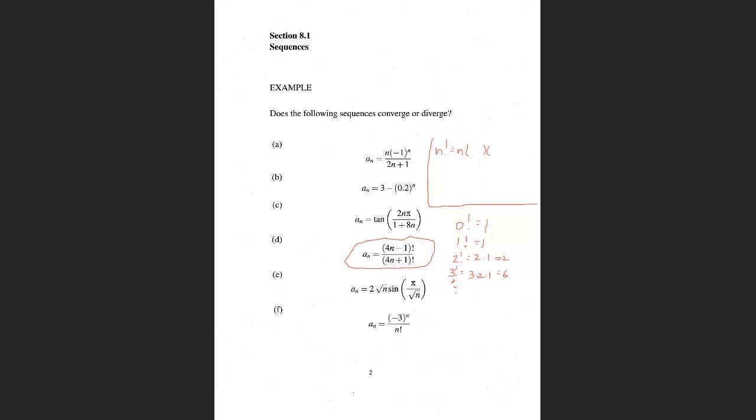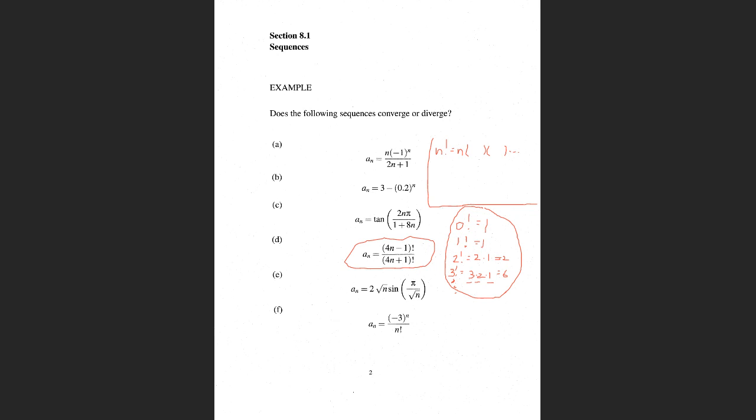If we look at how the factorials are done, 3 factorial is 3 times 2 times 1. What would n factorial be? Let's use 3 factorial as our example. 3 factorial is 3 times 2 times 1.